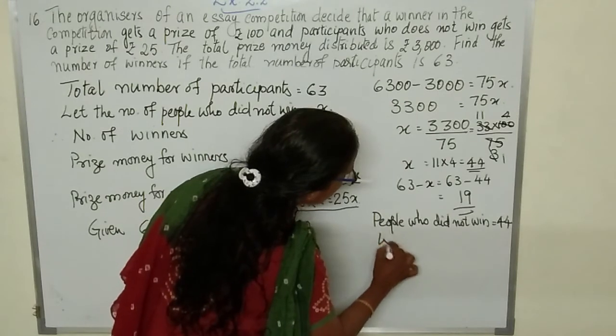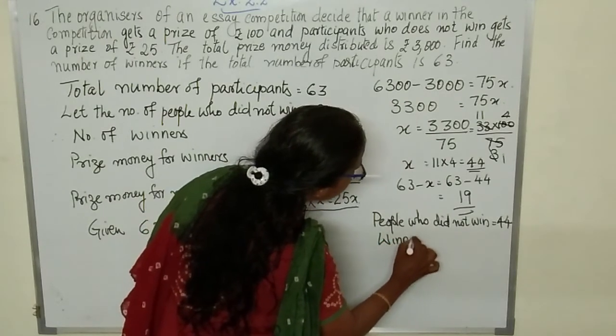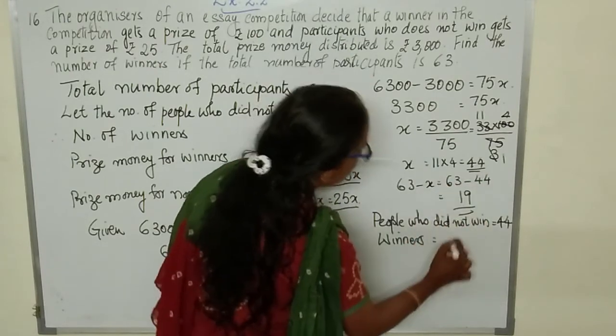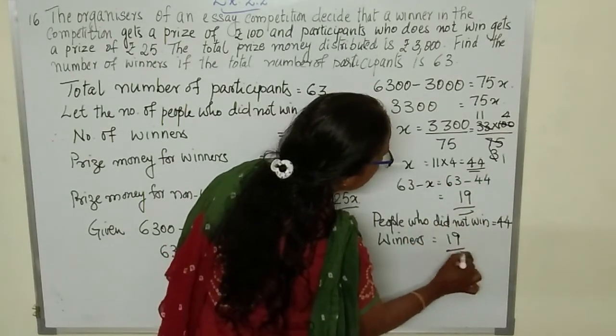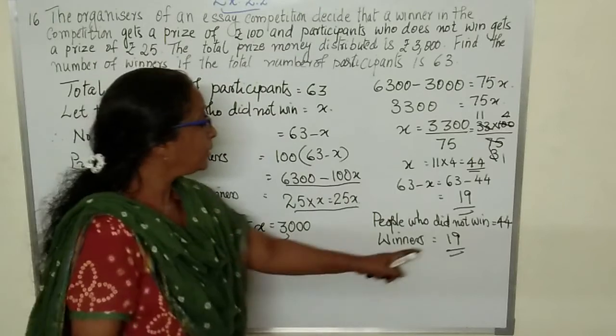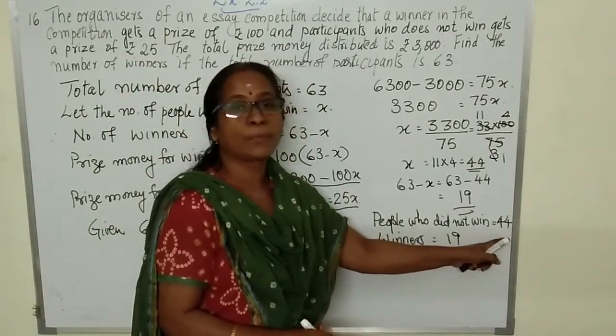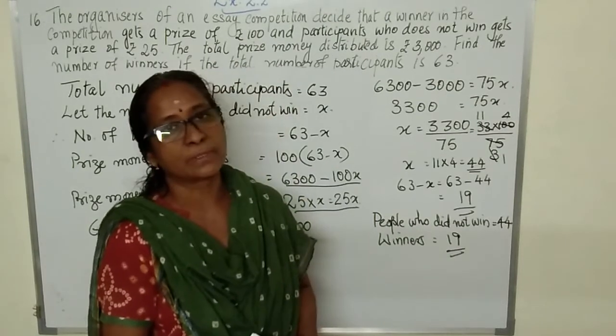And winners is equal to 63 minus 44, that is 19. So 19 people got 100 rupees and 44 people got 25 rupees.